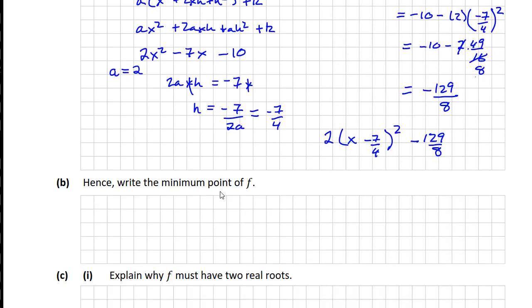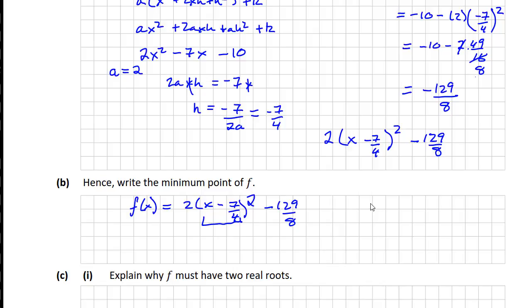So for part B, we want to find the minimum point of f. So we have written now that f of x is equal to 2 times (x minus 7 over 4) squared minus 129 over 8. Since this term here is squared, it will always be positive. So f of x will be at a minimum when this term goes to 0.